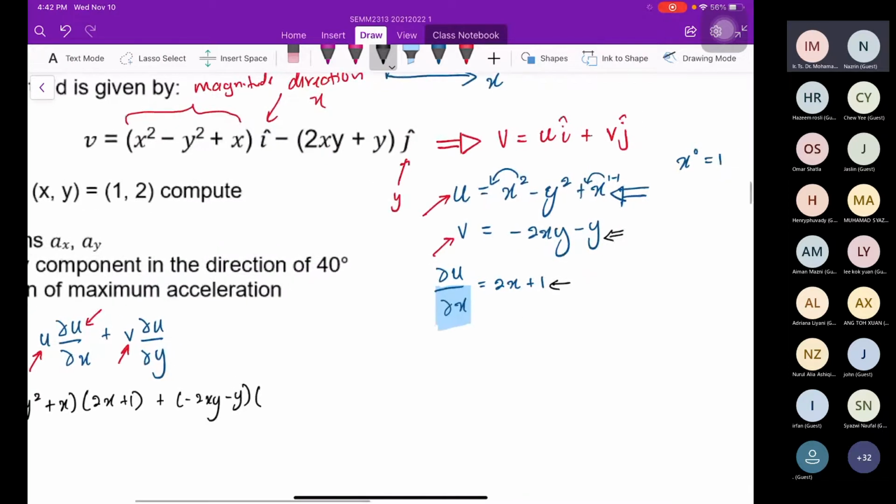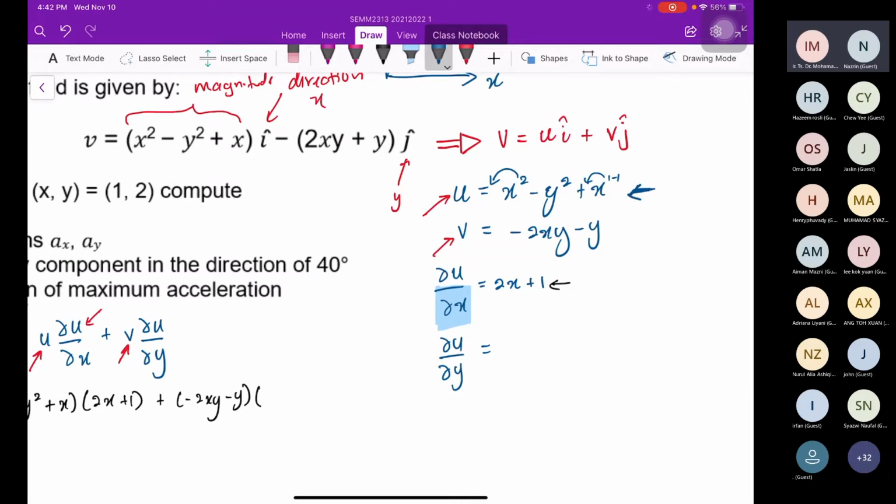So how to get the partial derivative of u over partial derivative of y? We must select u because we want to differentiate u over y.